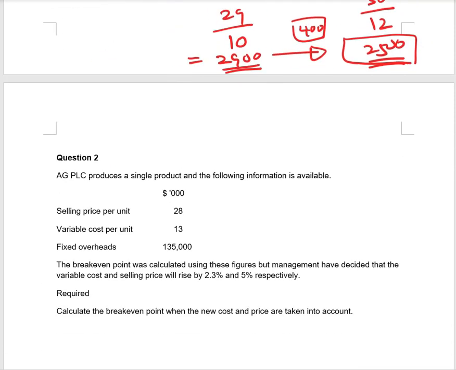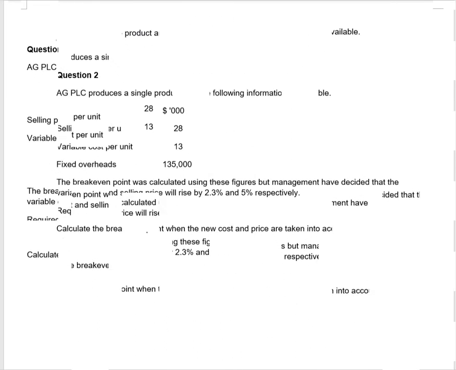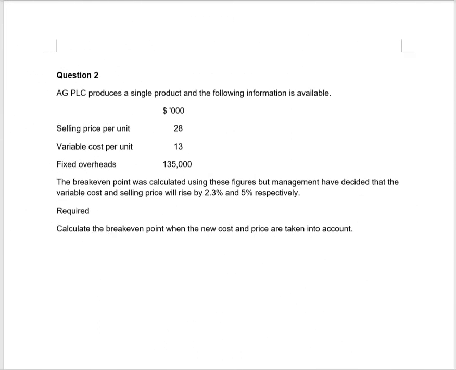Now let's move on to the second question. AG PLC produces a single product and the following information is available. Selling price per unit 28,000. Variable cost per unit is 13,000. The fixed overhead cost $135,000.